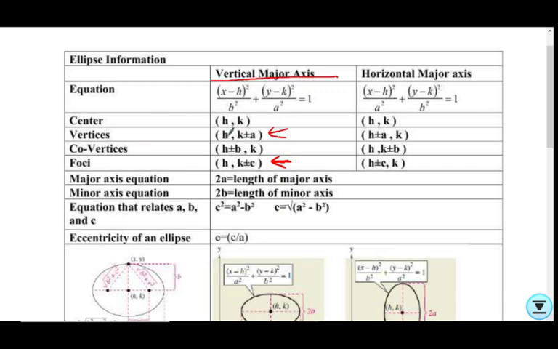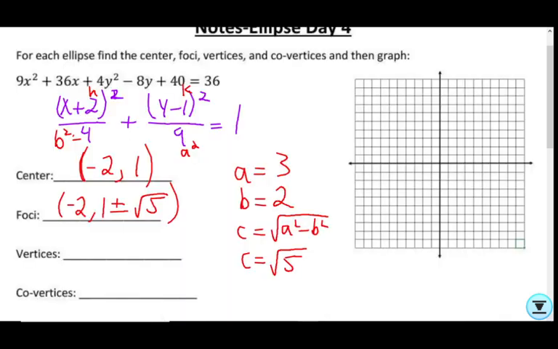It's h comma k plus or minus a, so it's negative 2, 1 plus or minus 3. And the co-vertices are h plus or minus b, which is 2, comma k, which is 1. So there's all our important information for our ellipse.